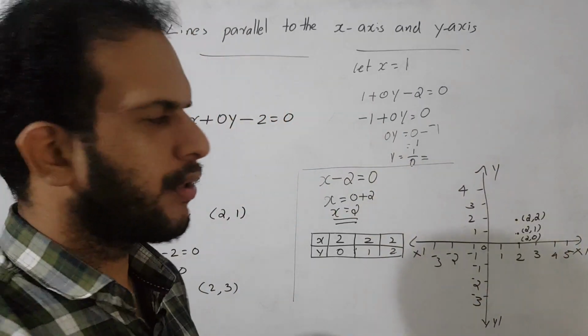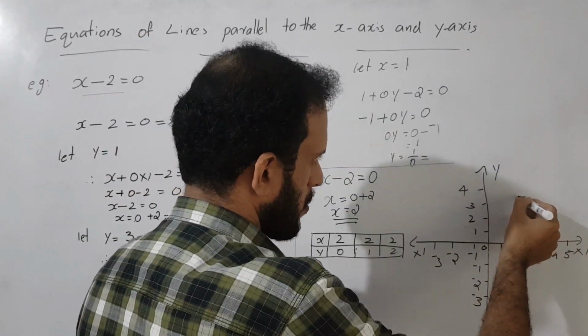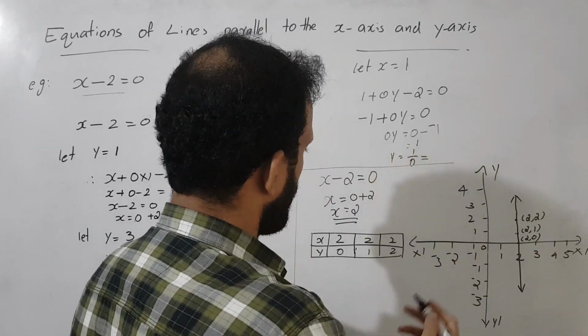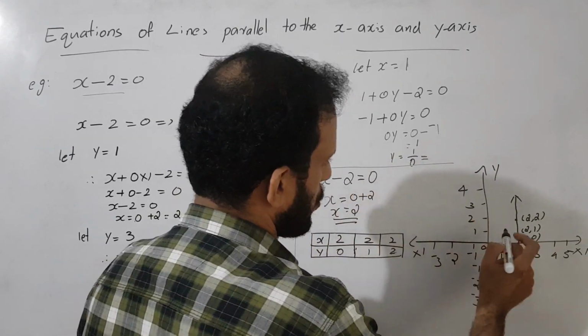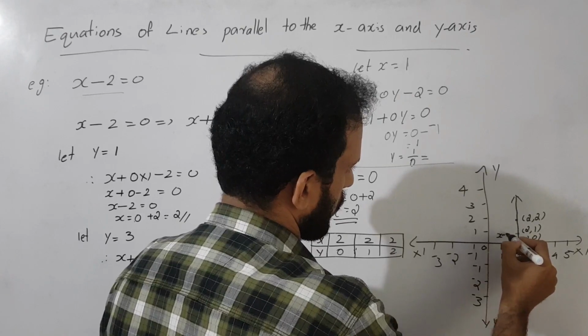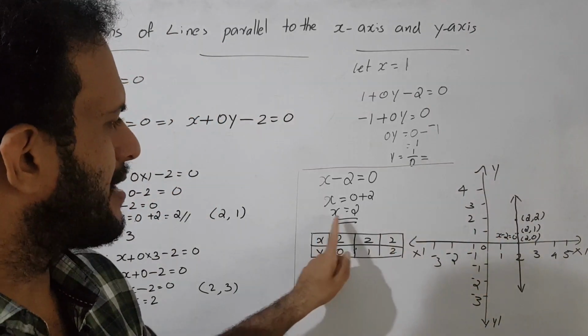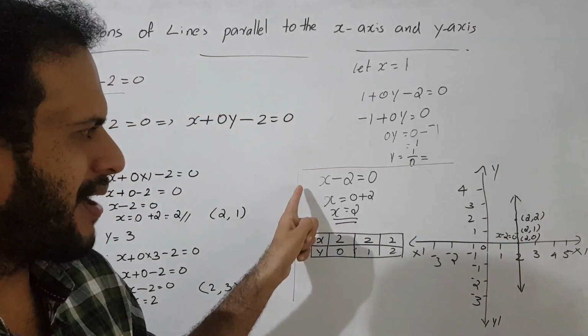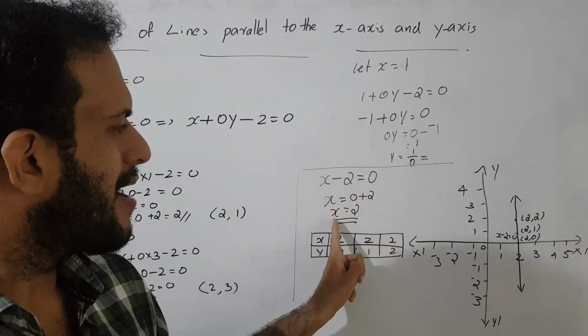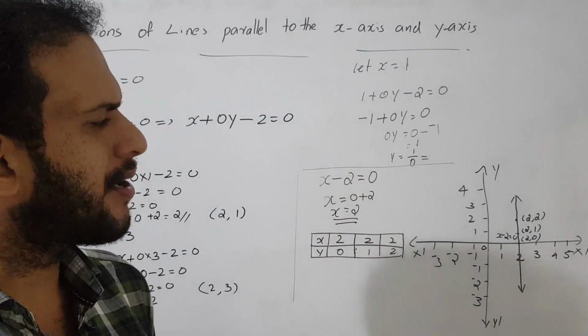Next, to draw the graph, we join the points. Just write the equation. That equation is x minus 2 is equal to 0, or x is equal to 2. Both are correct. Then what did we get here?